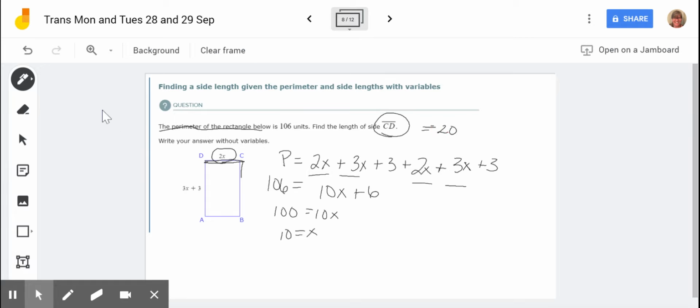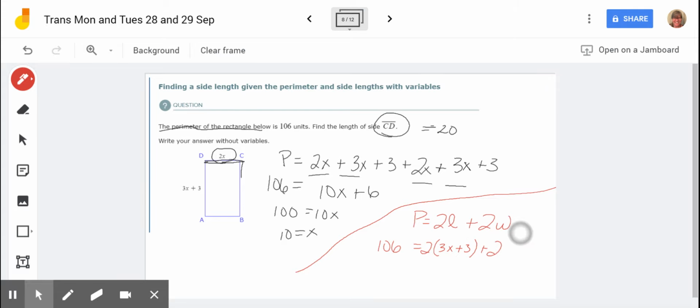Some of you guys are going to know the formula for perimeter, which is this. And I tell you to go formula, substitution, resolution. Here's the perimeter. 2 times the length, 2 times the width. What's the perimeter? 106. 2 times the length. What's the length? 3x plus 3. 2 times the width.